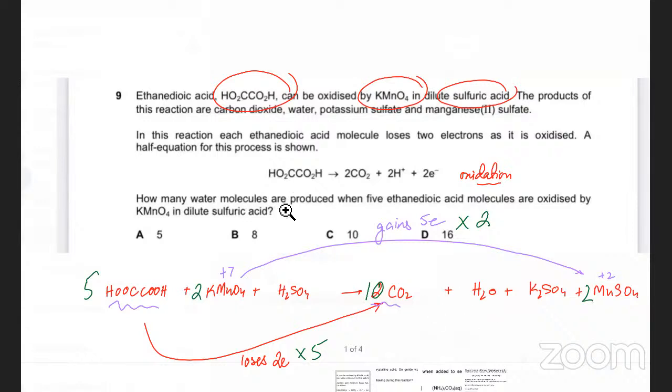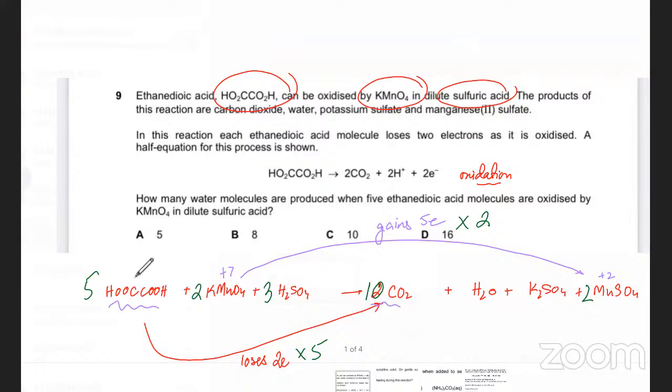What's the question here? How many water molecules? That's the thing that we need to balance. So K is balanced. Mn is balanced. What about sulfur? That's 1 sulfur and 2 sulfurs, so that's 3 sulfurs, and there are 3 sulfurs over here. That's balanced. I'm going to balance the hydrogens now.